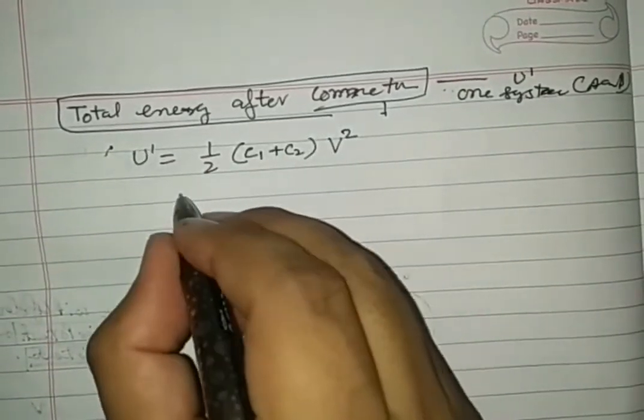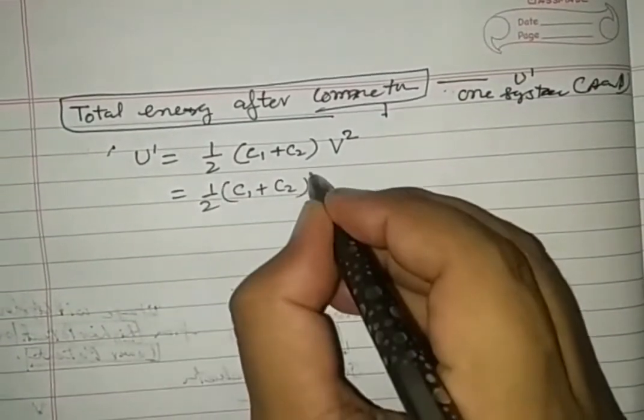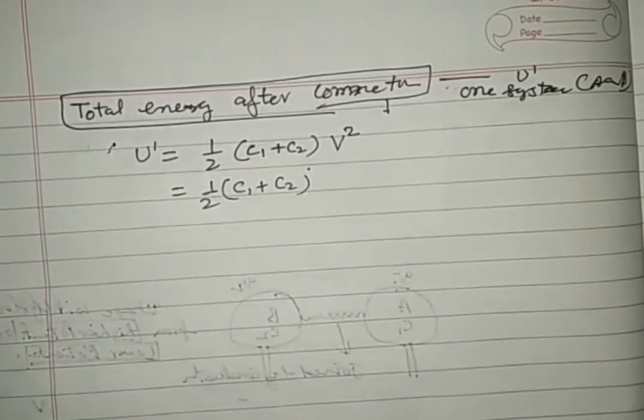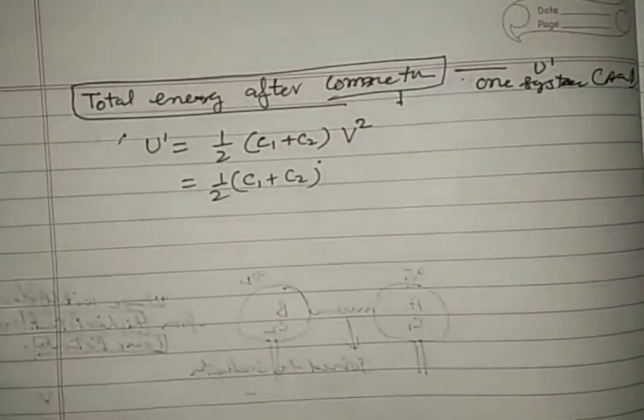U dash is half C1 plus C2 and V square. What is the common potential? The common potential formula we have seen in equation number 2.